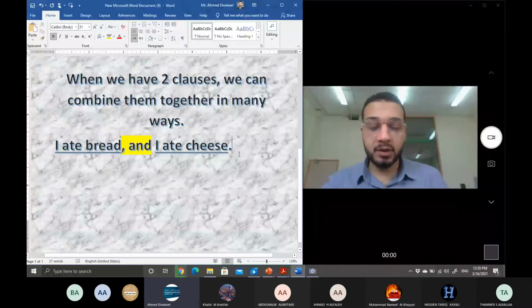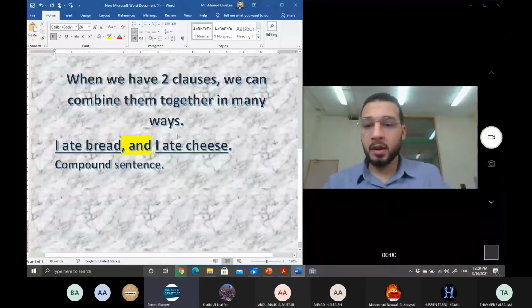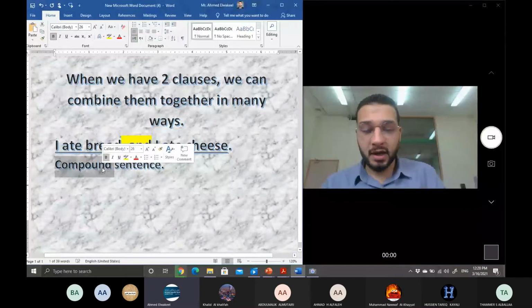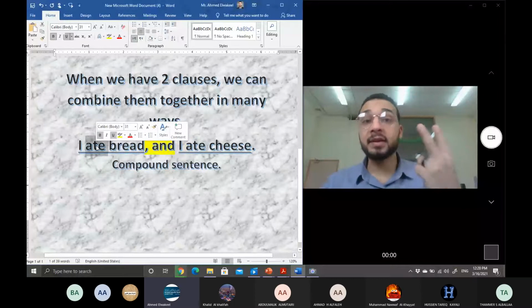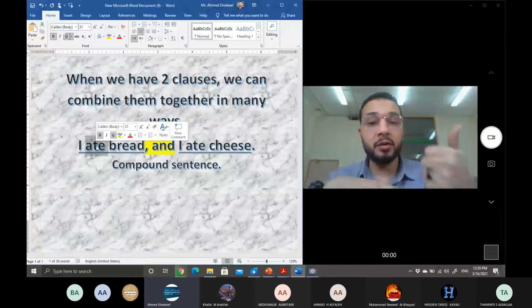Consequently, I have what is named the compound sentence. So this sentence became a compound sentence simply because I have two independent clauses joined together by the comma and the coordinating conjunction.